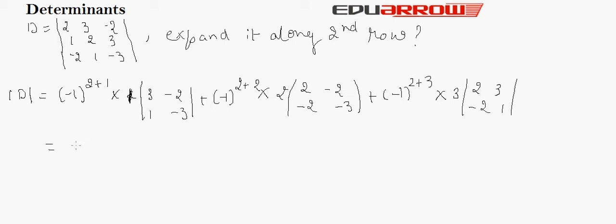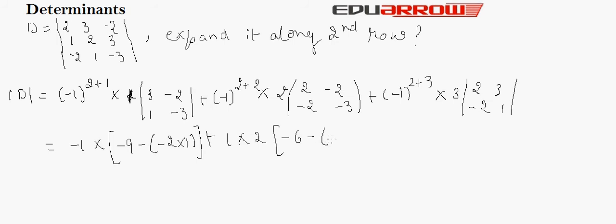minus 1 to the power 3, which comes out minus 1, into minus 9 minus minus 2 into 1, plus minus 1 to the power 4, meaning 1, into 2 into minus 6 minus 4, plus minus 1 to the power 5, meaning minus 1, into 3 into 2 minus of minus 6.